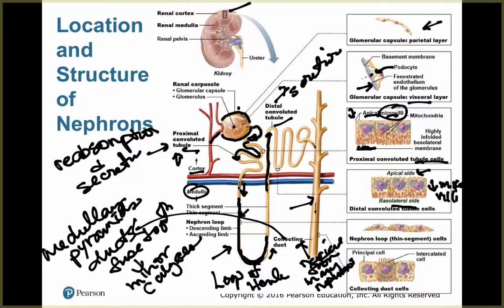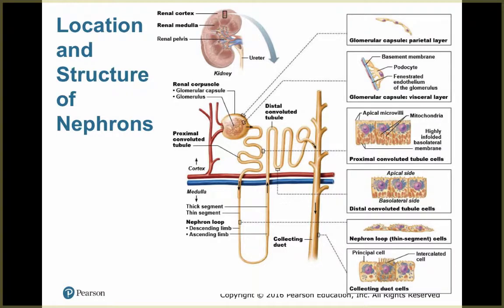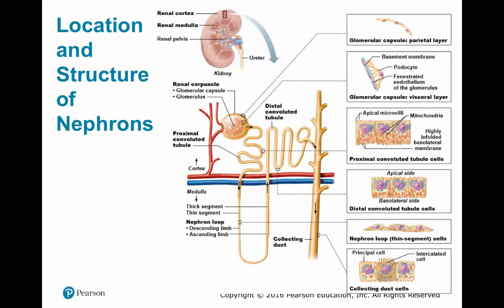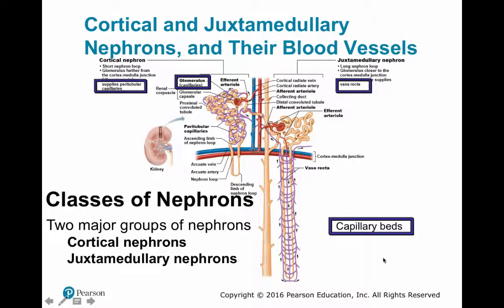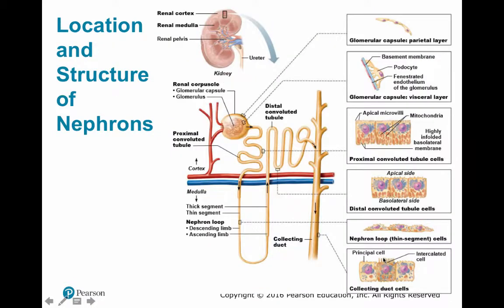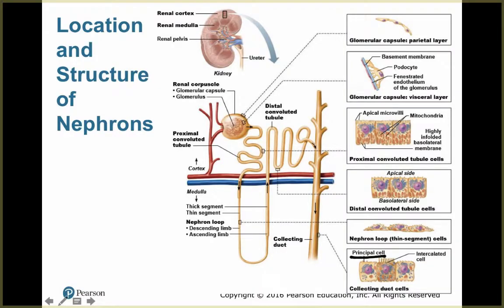Now, when we look at the collecting ducts themselves, let me go ahead and erase this really quick. If you look at the collecting ducts themselves, you'll notice that they have two types of cells down there. They have what's known as the principal cells and the intercalated cells.